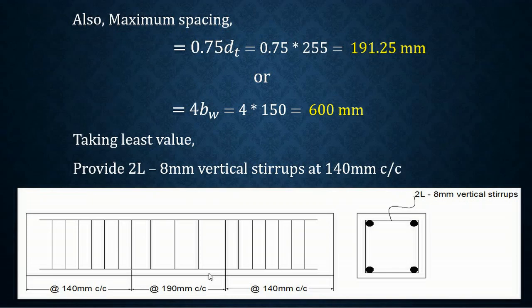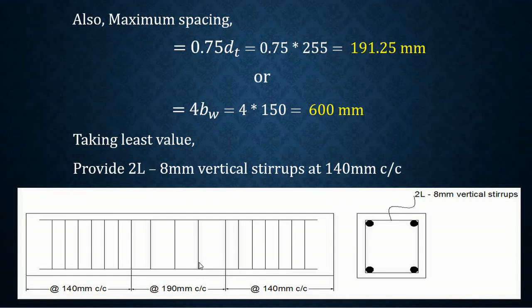Why it is like that: we know that the shear force is maximum at the support. So the designed shear reinforcement is provided only at the supports. We have designed it for 140 mm center to center, so it is provided only at the supports.